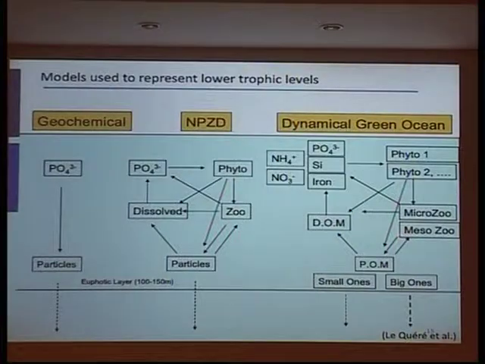We have also several zooplankton, and maybe the most important here, several nutrients, because we know it's not always the same nutrient limiting in the same regions of the ocean. And one big addition from phosphate or nitrate to this new generation of models is the addition of iron limitation here. That is very important in many regions of the world. But apart from that, the philosophy between those two different models is very, very similar.